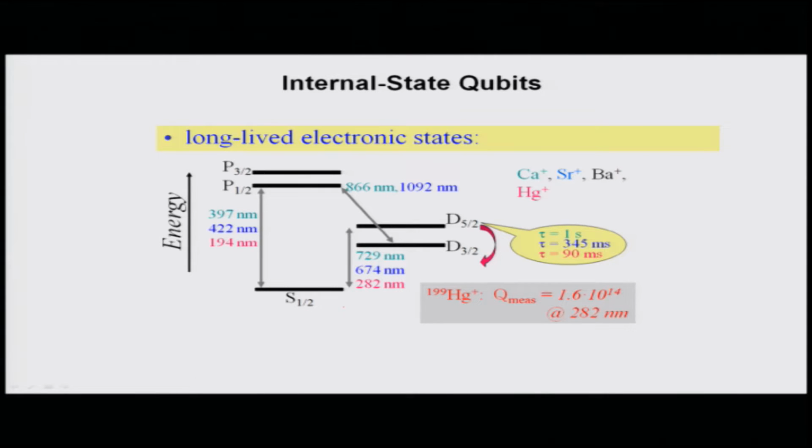With that background, we also discussed some of the major candidates for these ion states, and they are mostly candidates like calcium, strontium, barium, mercury, each of them singly ionized, so that we have one electron available in the outermost state, which could be utilized.